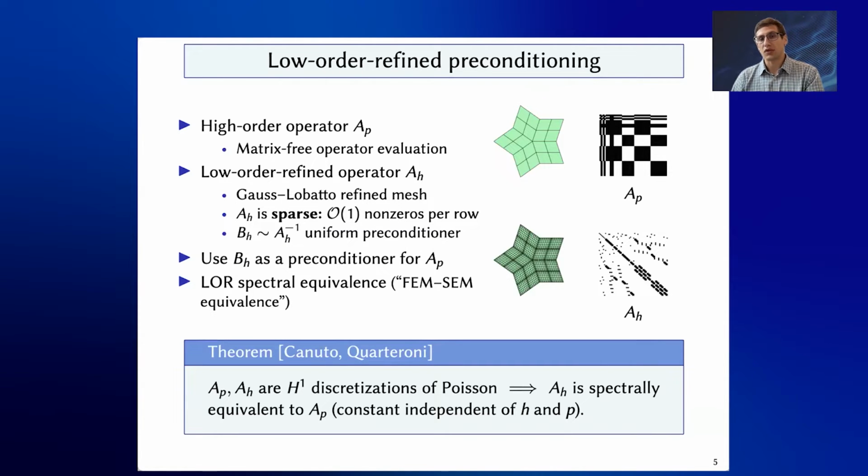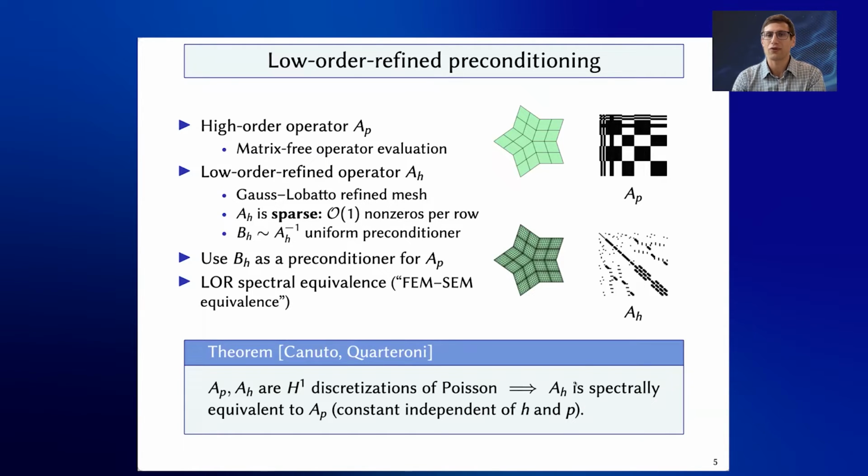Certainly, that's something you can do. It makes sense to do. The question is whether it's a good thing to do, whether you'll get a good preconditioner. And the answer is actually yes. There's a theorem from Canuto and Quarteroni that says if AP and AH are H1 discretizations of, say, a Poisson problem, you can also have a mass matrix, so these are higher order and low order refined diffusion problems, then AH is spectrally equivalent to AP, and the constants of equivalence are independent of h and p.